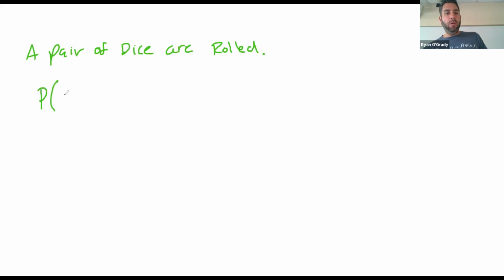Let's take the probability we roll a 3 or, excuse me, not and, or we roll an even. Well, of course, what are all the chances that we can roll a 3?